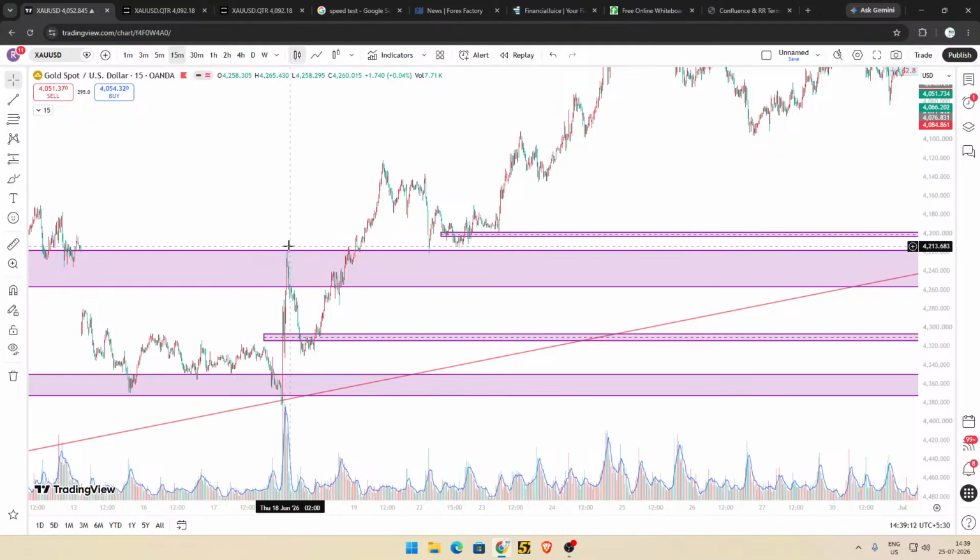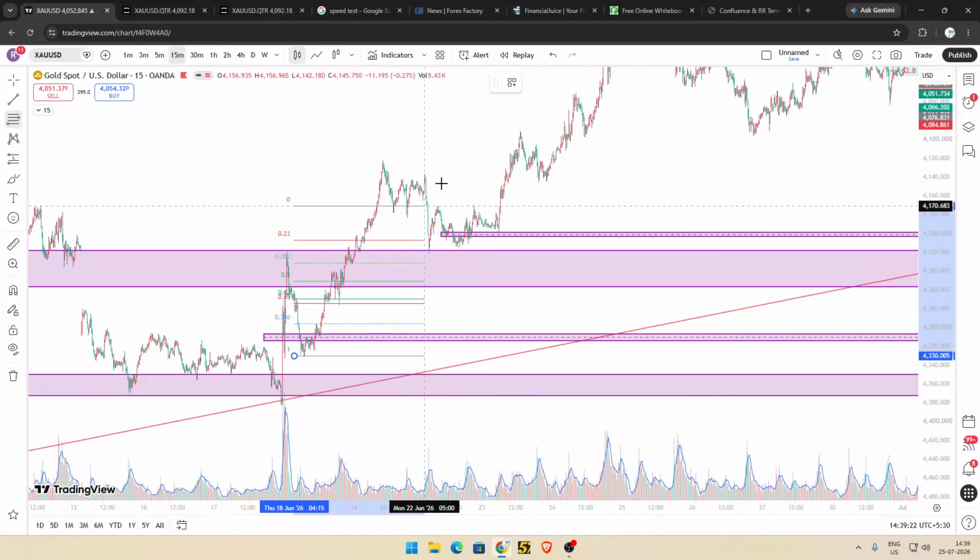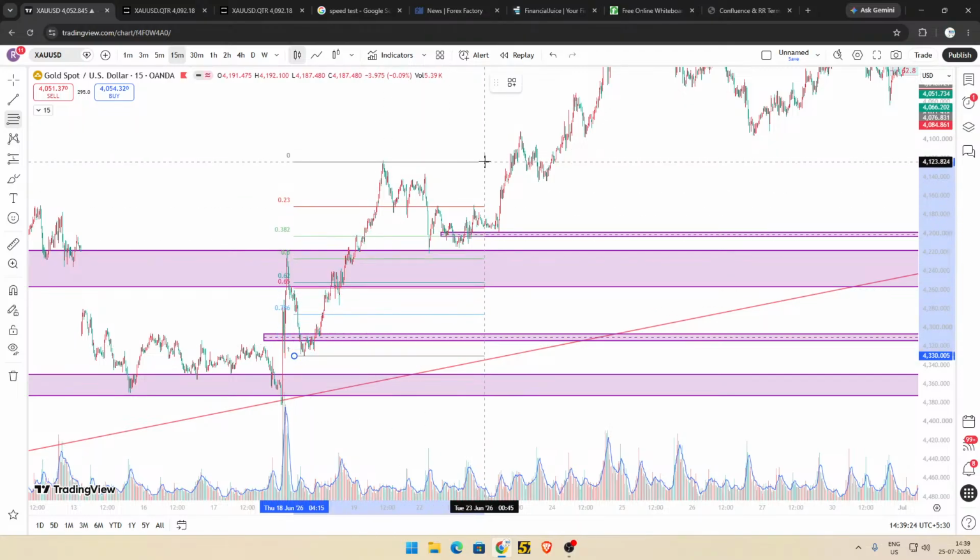See, this can be valid, this cannot be valid, but you need to be aware of where the highest probability is. See here it formed a highest probability at the 50% area. Before touching that area, it started to move, right?